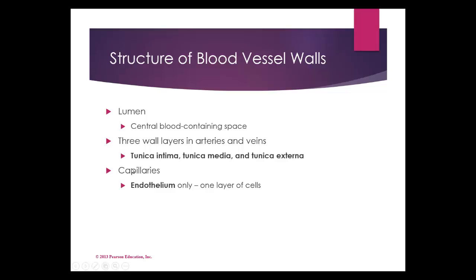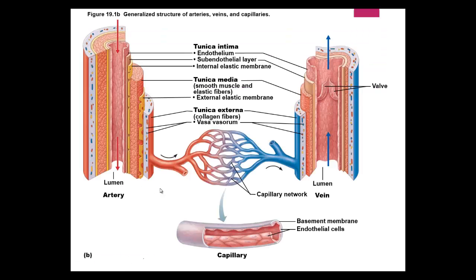However, capillaries are single cell vessels, so they do not have all three layers. They have one layer, which is called the endothelium, that inner lining of the tunica intima. So it is one layer of cells in capillaries, which, remember, is formed by simple squamous epithelium.